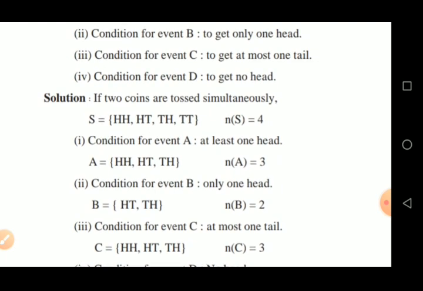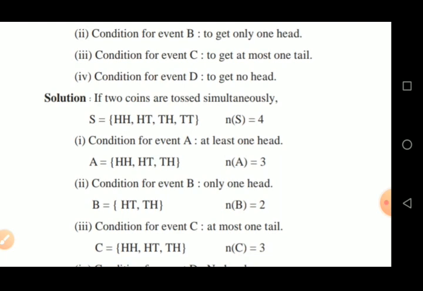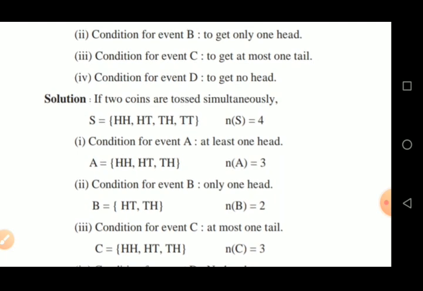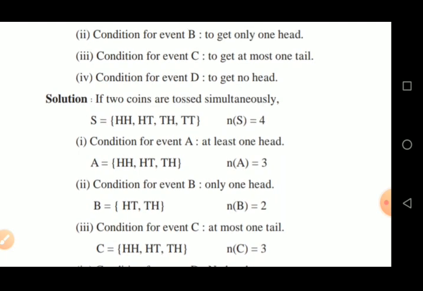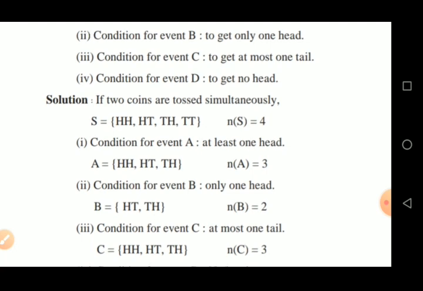Third, condition for event C, at most one tail. What is the meaning of at most? At most means maximum. As we have seen in the previous example, at least means minimum. Here at most is given.